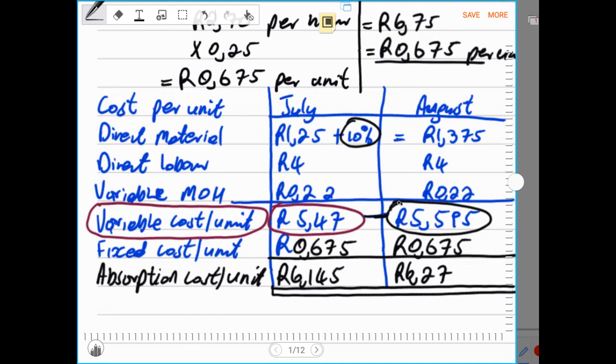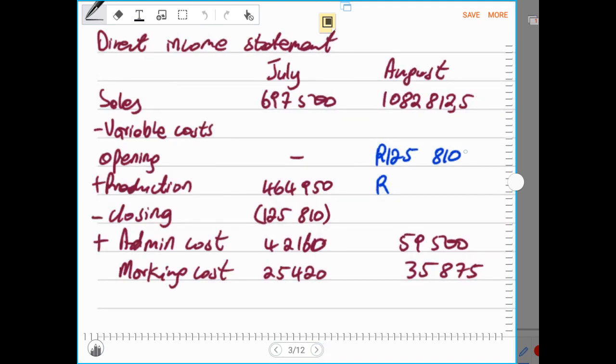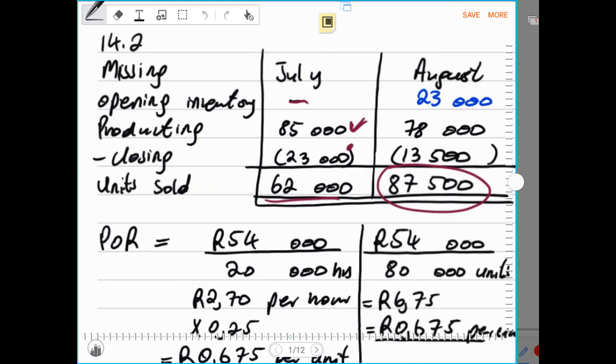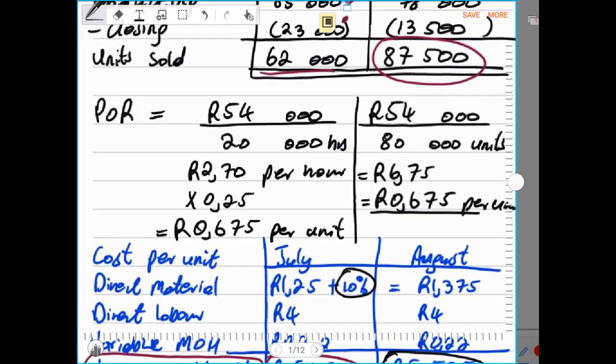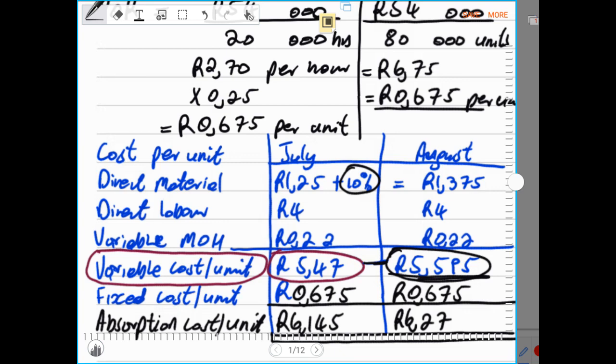So that means the opening inventory of 125,810, which is the opening units of 23,000, will not be based on 5.595, but it will be based on 5.47.